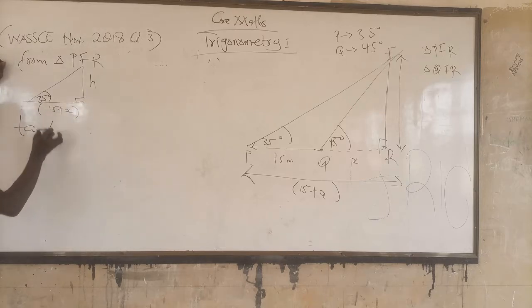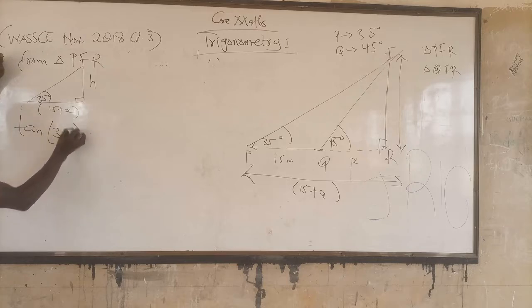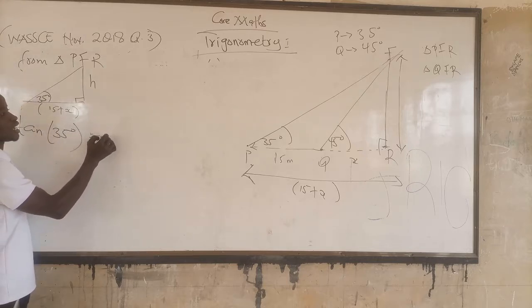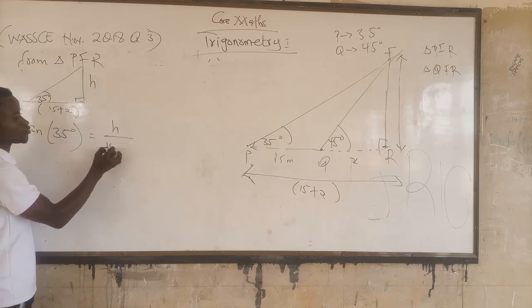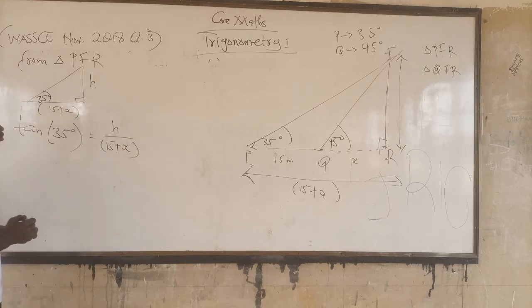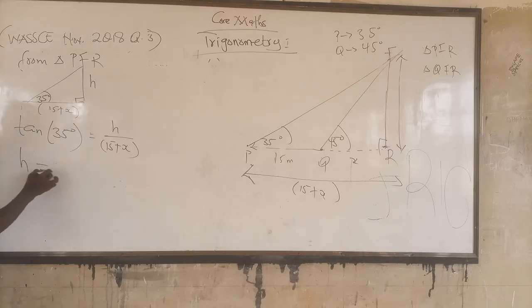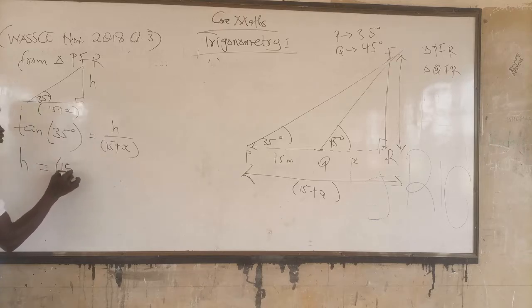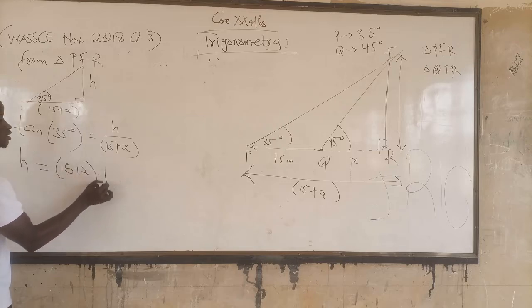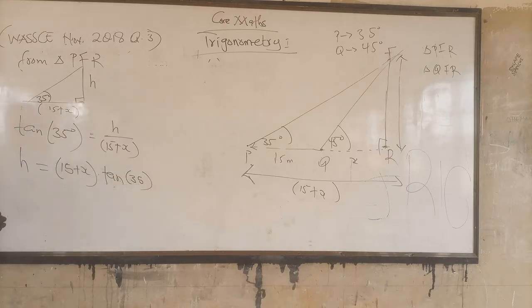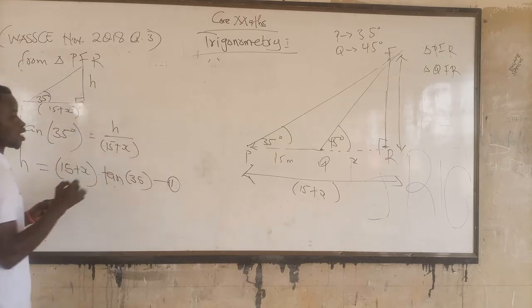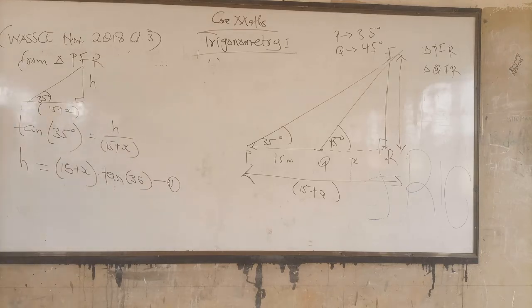It is tan. tan 35 degrees will be equal to the opposite, which is H, over the adjacent, which is 15 plus X. So our only job is to make H stand alone. So H equals (15 plus X) times tan 35. And we can call this equation 1.